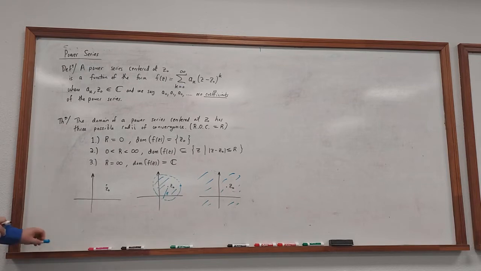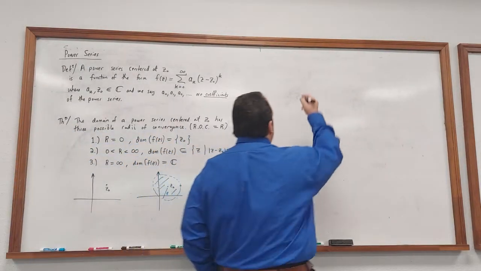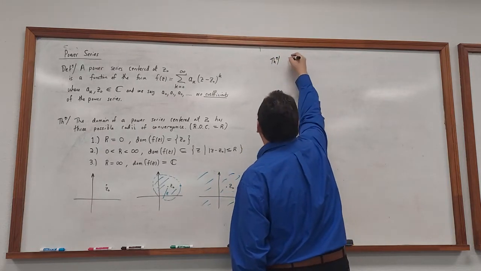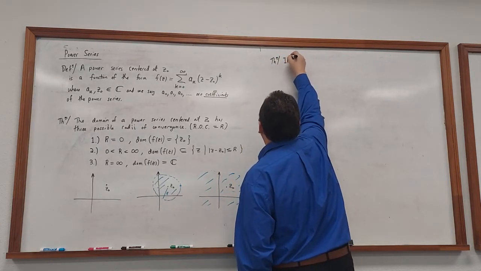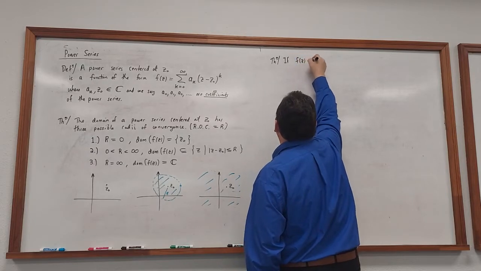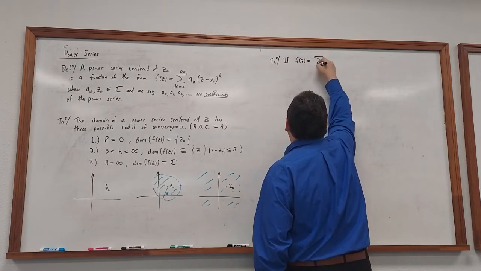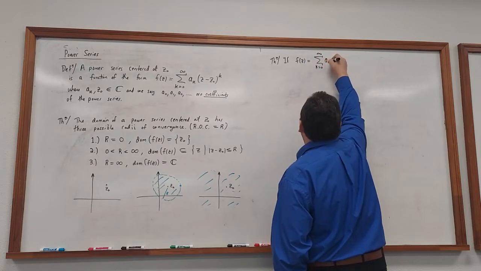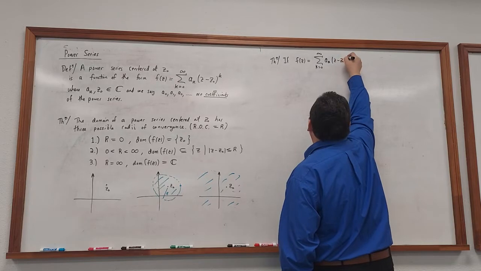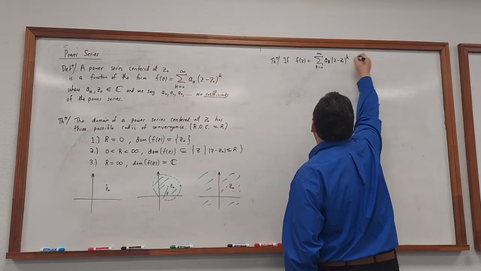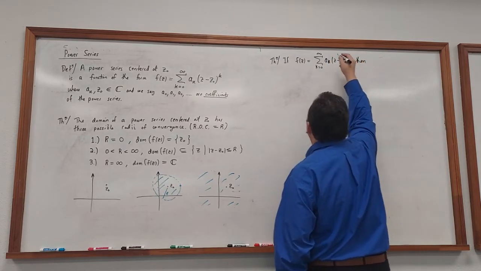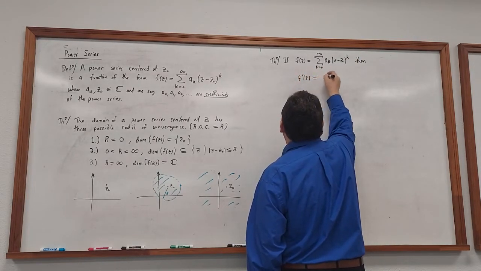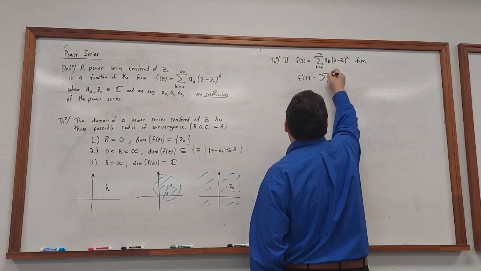Now, another theorem is that if f of z is equal to the sum, k equals 0 to infinity, of a sub k times (z minus z naught) to the k, in other words, if f is a power series, then f prime of z exists, and it's given by term-by-term differentiation of the series.